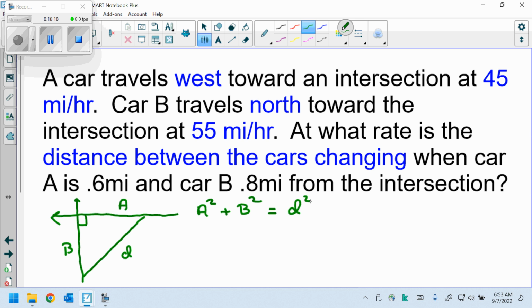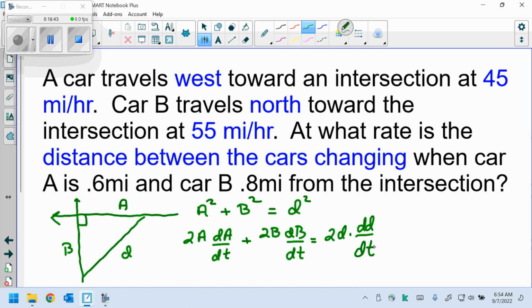So drawing, equation, now derivative with respect to time. 2a times the rate at which a is changing with respect to time, plus 2b times the rate at which b is changing with respect to time, equals 2d times the rate at which d is changing with respect to time.